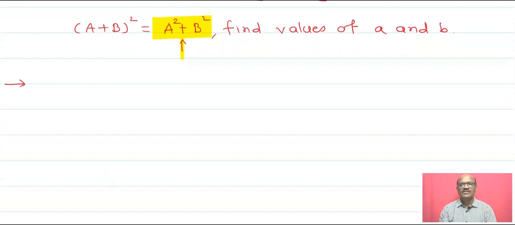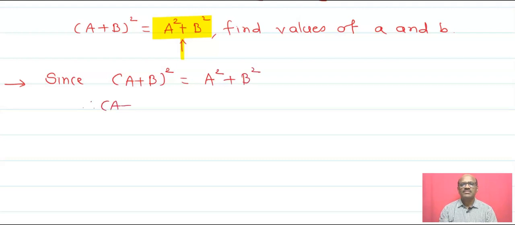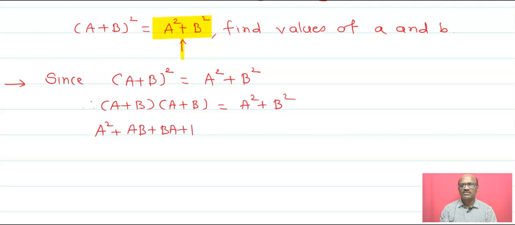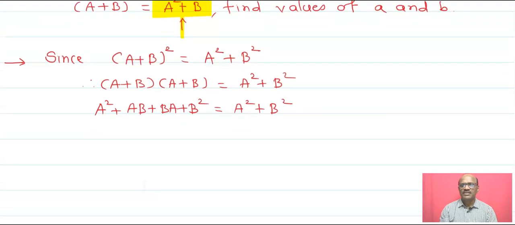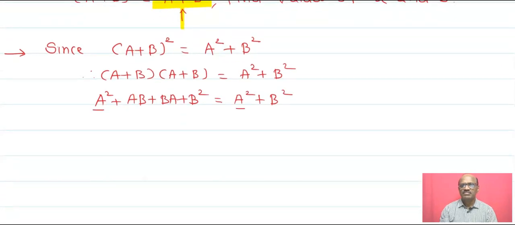Now again, the sign was changed there, there is also a correction. That is, since A plus B bracket square is equal to A square plus B square, it can be written as A plus B in first bracket, A plus B in second bracket, and their respective product, that is A into A, A square, A into B, AB, then B into A, BA, plus B square.